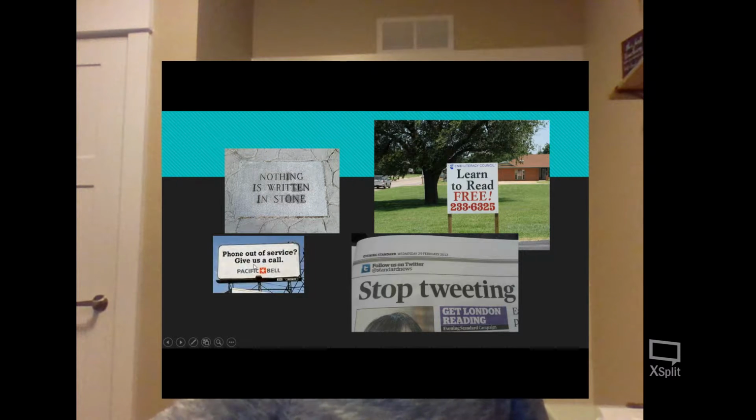Or what about here? Phone out of service. Give us a call. How are you going to do that if you don't have a phone? Right here it says, learn to read, free, and then gives the number. How can you understand what that sign is saying if you can't read? That's ironic. The appearance of it is totally different than the meaning.